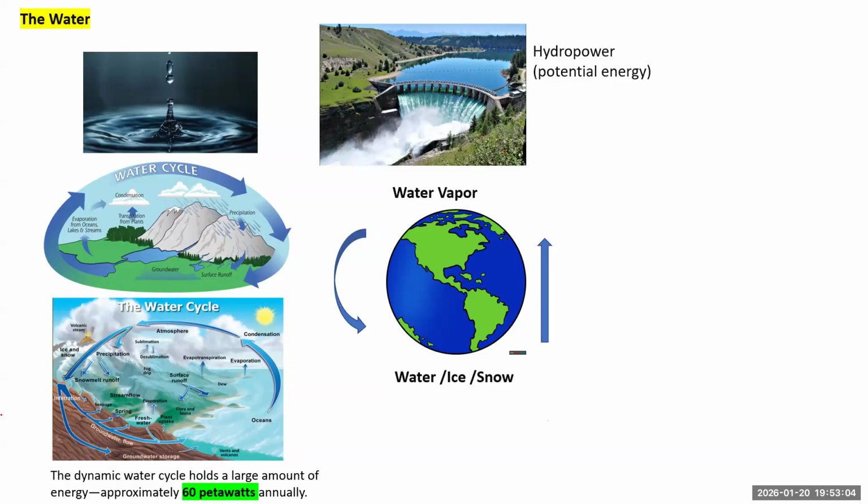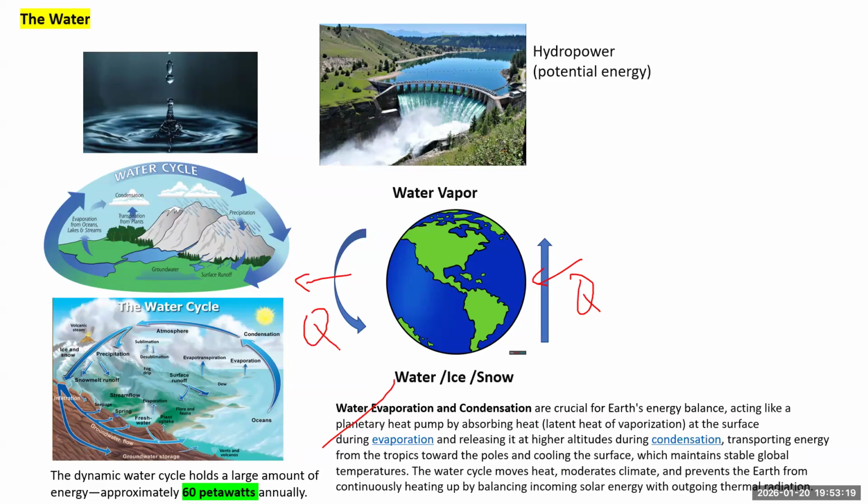For this process, it will absorb heat. For this process, it rejects heat. Therefore, water evaporation and condensation are very important for Earth's energy balance. It acts like a planetary heat pump, absorbing heat for vaporization and then releasing it at higher altitudes during condensation, in the form of rain and snow.